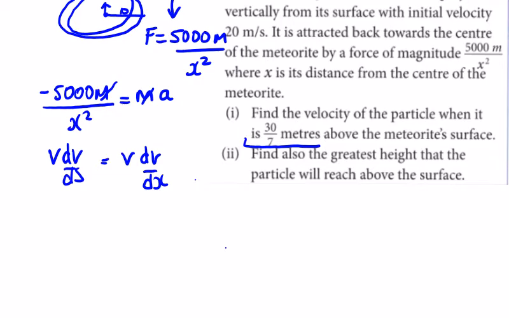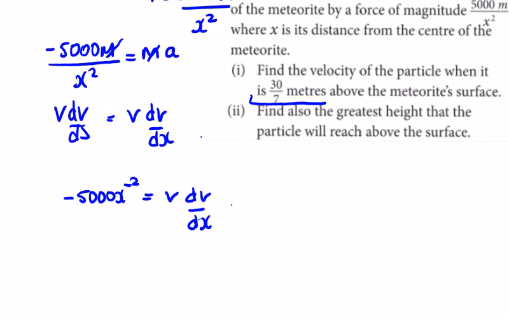We're going to integrate it. Minus 5000 x to the minus 2 is equal to v dv dx. So minus 5000 x to the minus 2 dx is equal to v dv.